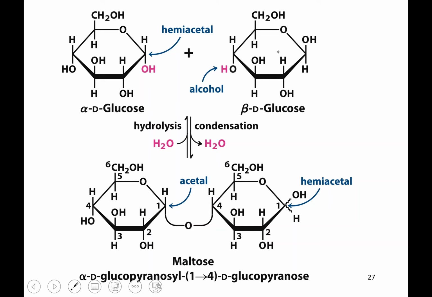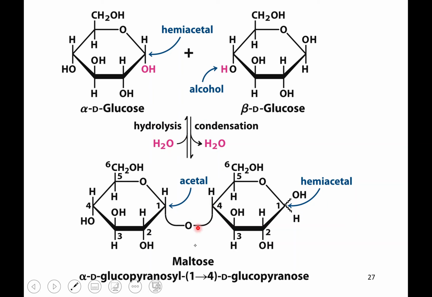A glycosidic bond can form between the anomeric carbon, carbon 1, on one glucose molecule, and the OH group on carbon 4 from another glucose molecule. When that bond forms, we get a release of water, shown here in pink. In this direction, this is a condensation reaction, because you're producing water.